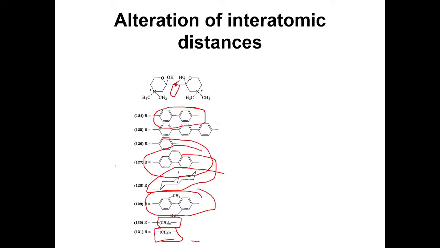Sometimes it helps us avoid non-bonding interaction between two groups which can be very near. So you can keep them far, so that might increase the stability of the molecule.